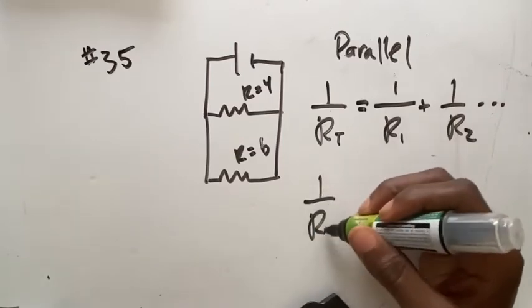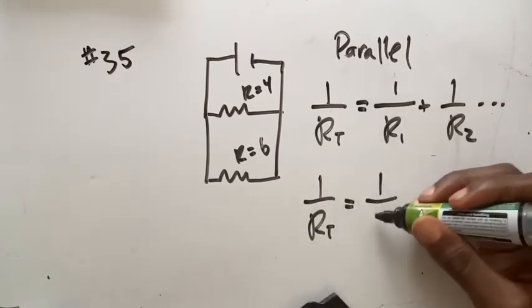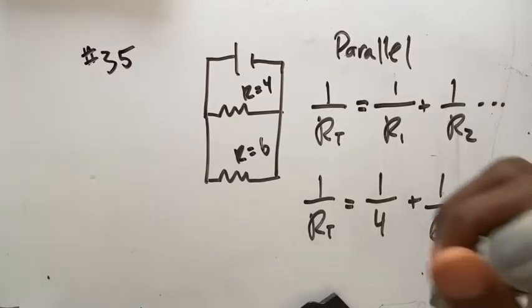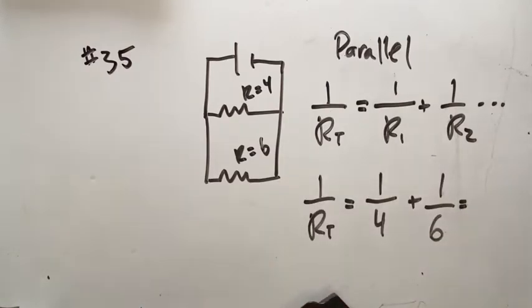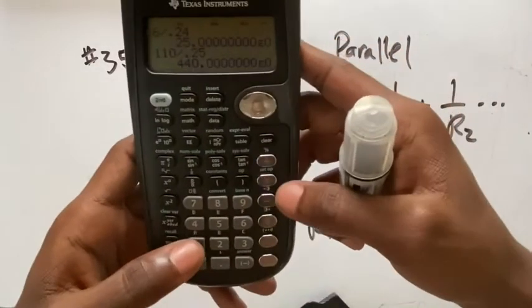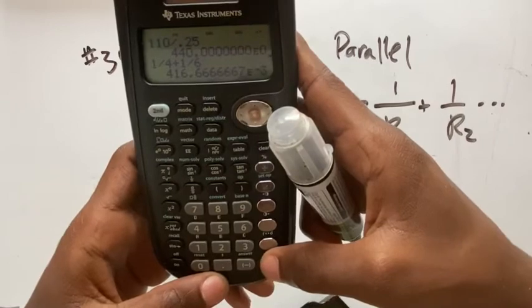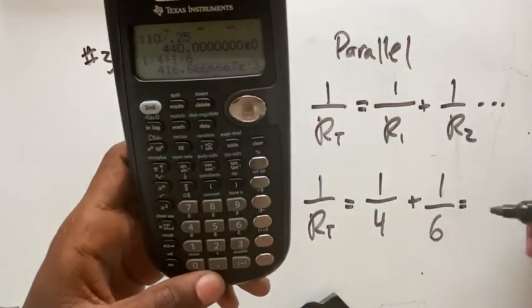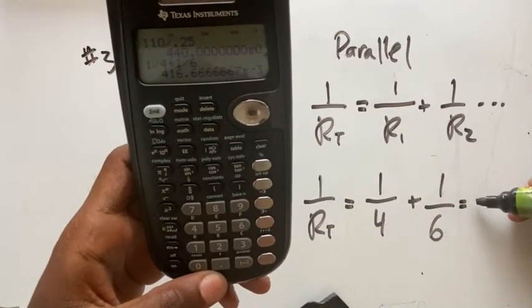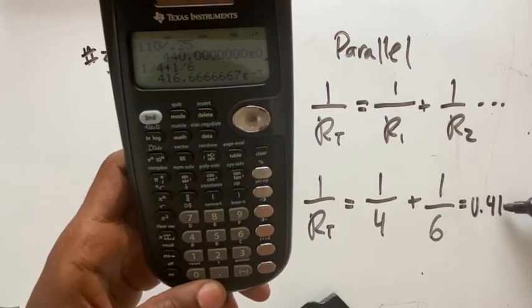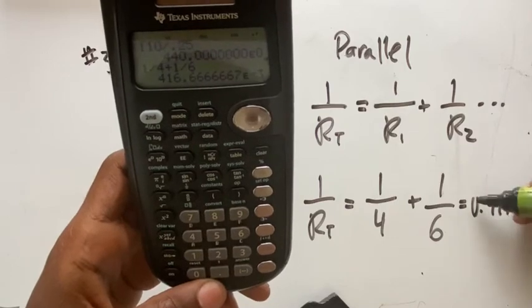So 1 over the total resistance is going to be 1 over 4 plus 1 over 6, right? Now, you'd probably just use your calculator to add that up. 1 over 4 plus 1 over 6 looks like about 0.417.